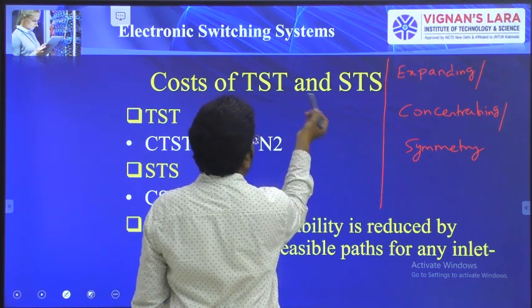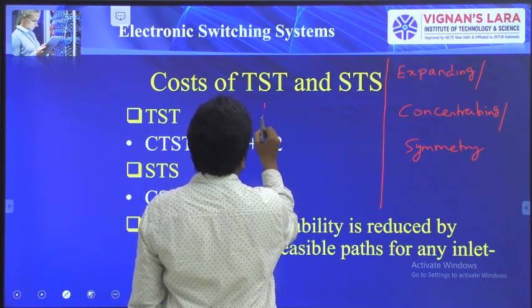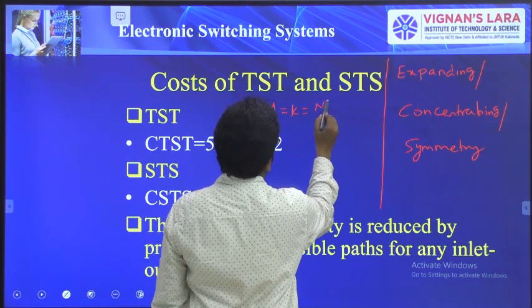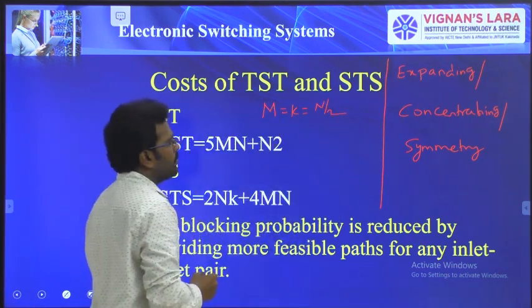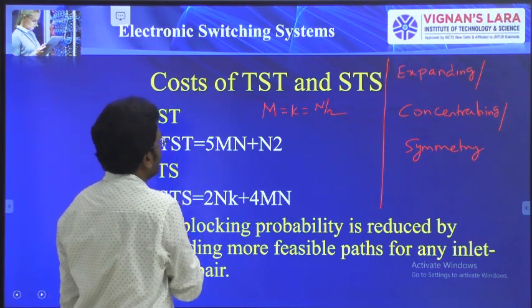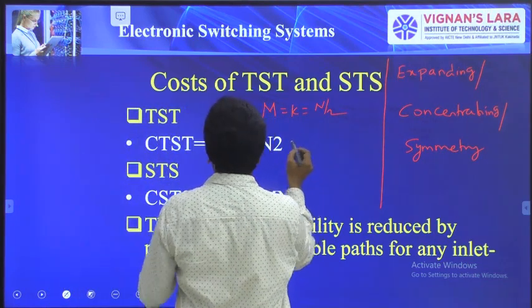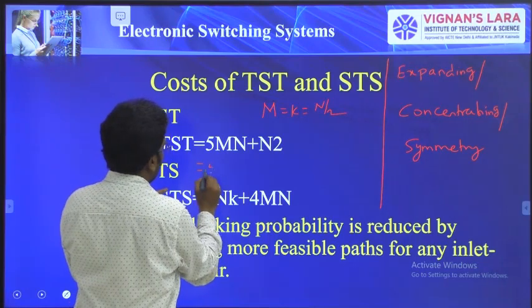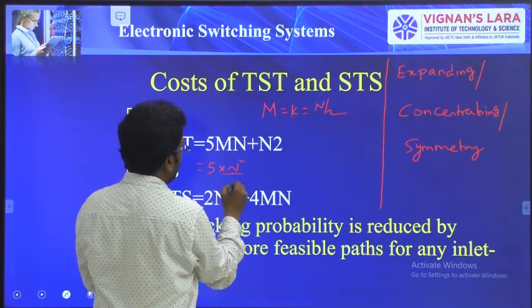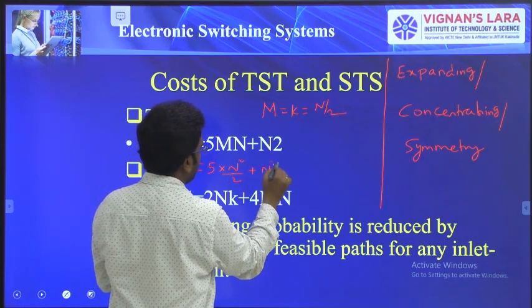So in case of expanding or concentrating, you can take m is equal to k is equal to n by 2, and find out the value of TST and CST. So what will we get here? 5 into m, which is nothing but n by 2, so 5n square by 2, plus n square.